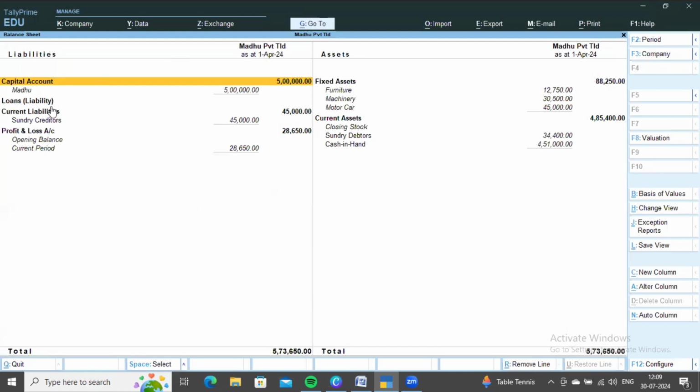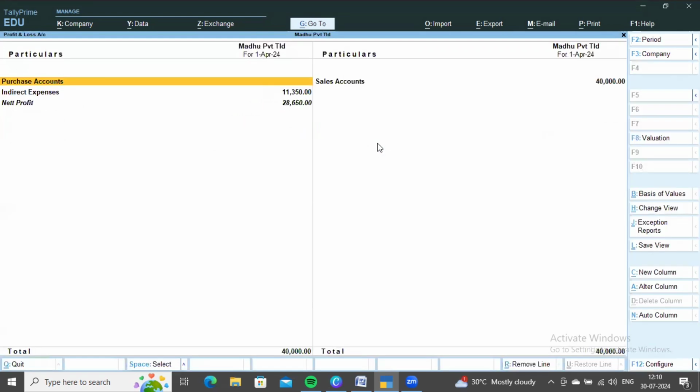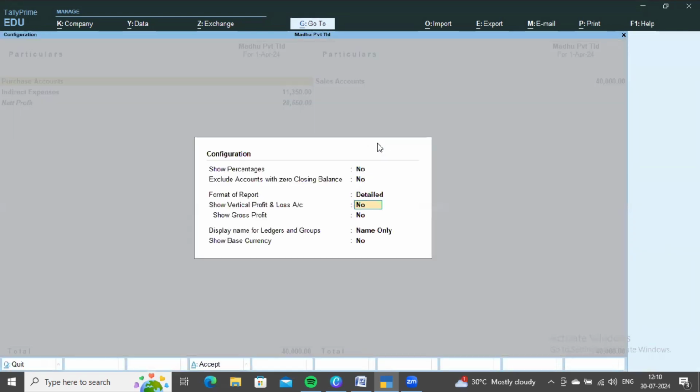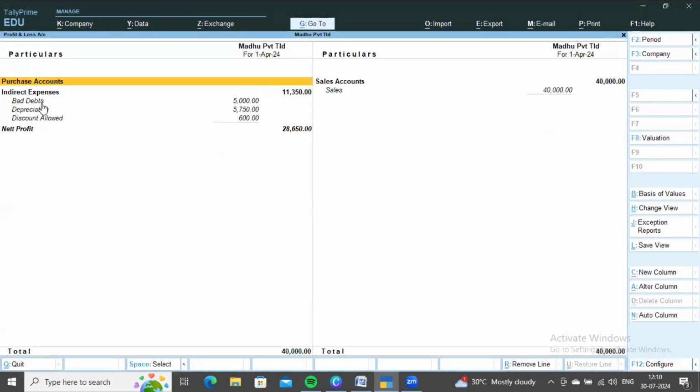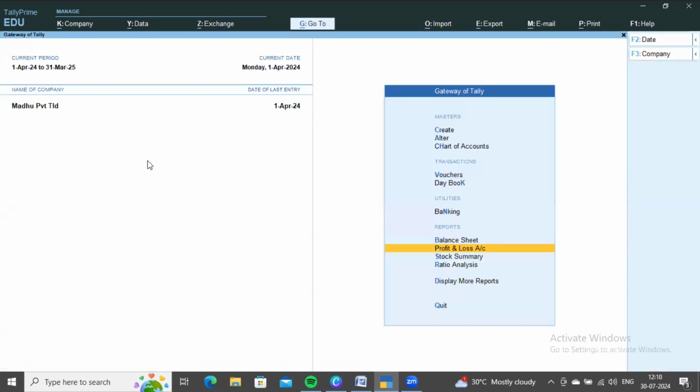Here, capital, there are no loans, but current liabilities is sundry creditor, and the net profit of the profit and loss account is transferred to liabilities, and fixed assets and current assets. Here, depreciation is an indirect expense, a profit and loss item, so it comes under the debit side of the profit and loss account. This is how we need to record transactions in journal voucher.